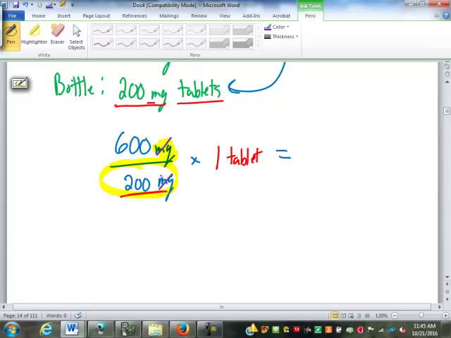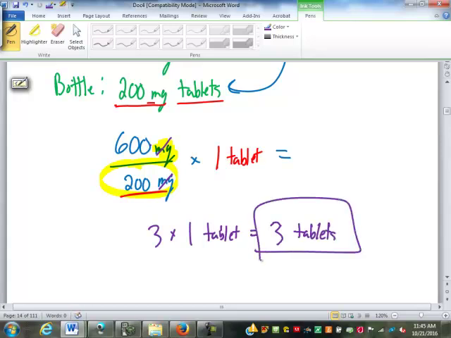Those units have to be the same so that they always cancel out. 600 divided by 200 is 3 times one tablet gives us 3 tablets. So we would administer 3 tablets to that patient. Seems a little bit forced, doesn't it?